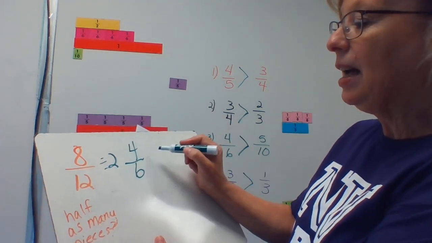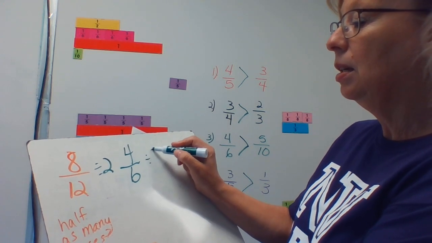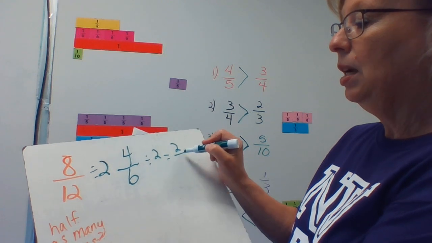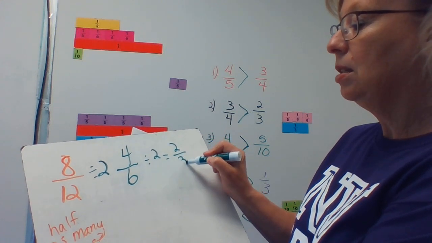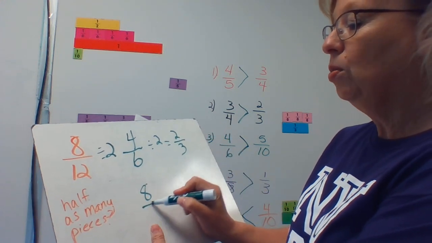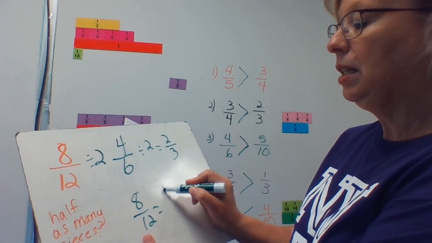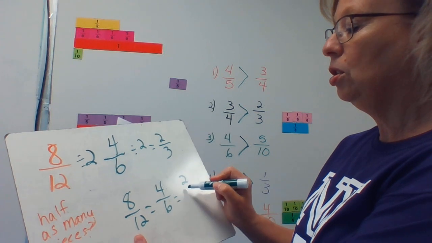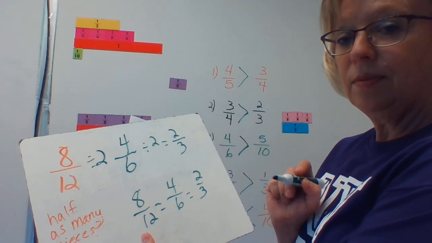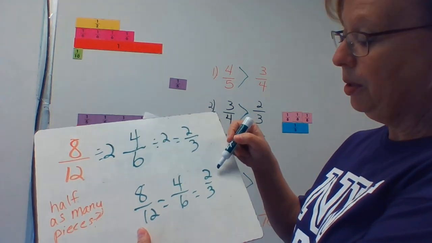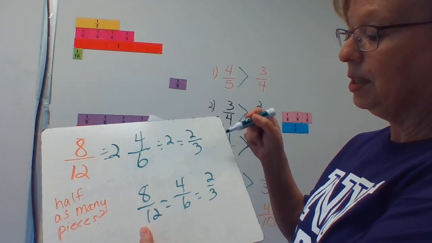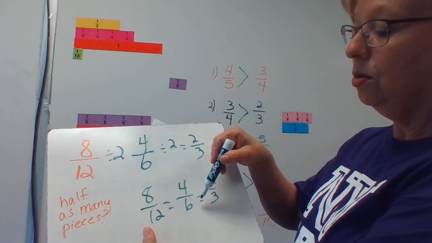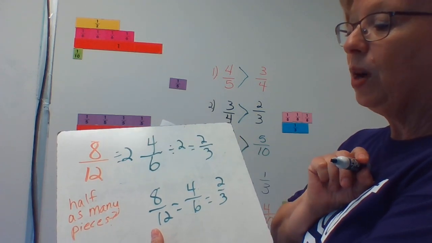I could even divide another time by 2. Which means 4 divided by 2 is 2, and 6 divided by 2 is 3. So 8/12 is equivalent to 4/6, which is also equivalent to 2/3. And if I started with 2/3 and multiplied by 2, I would have gotten 4/6. Multiply this times 2, 4 times 2 is 8, 6 times 2 is 12.